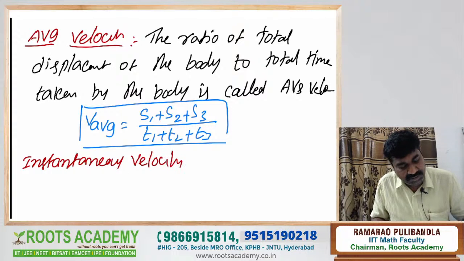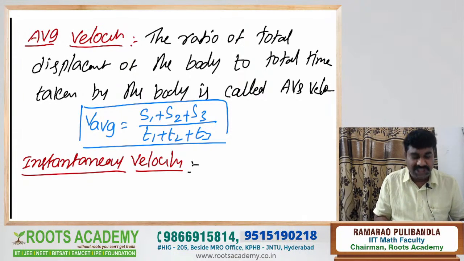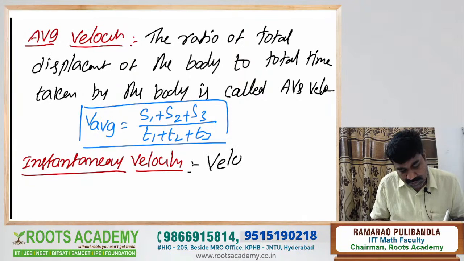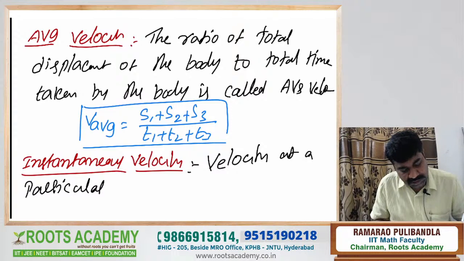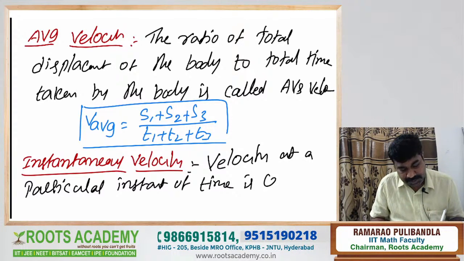Instantaneous velocity: velocity at a particular instant of time is called instantaneous velocity.